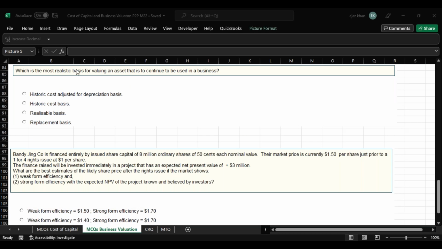Okay, which is the most realistic basis for valuing an asset that is to continue to be used in a business? Okay, what do you think?